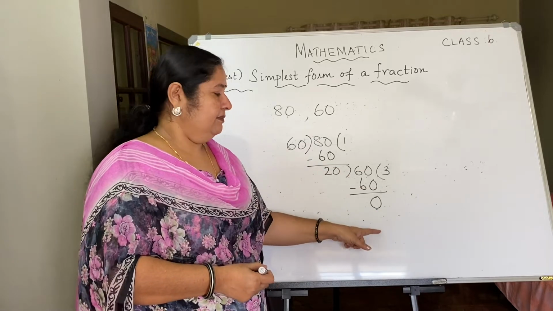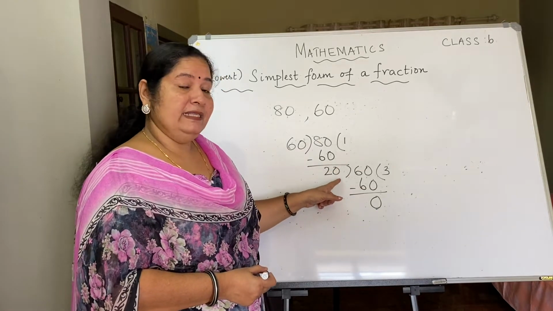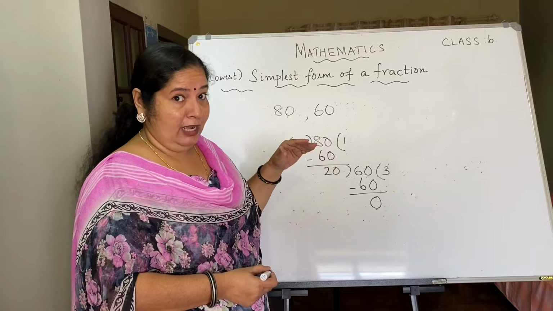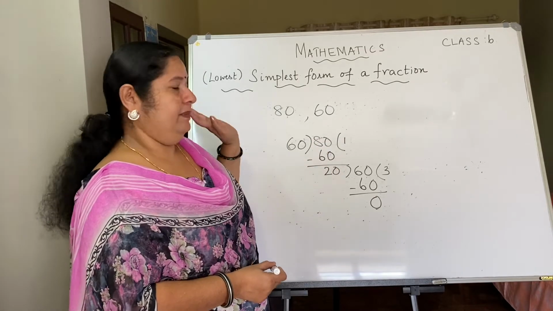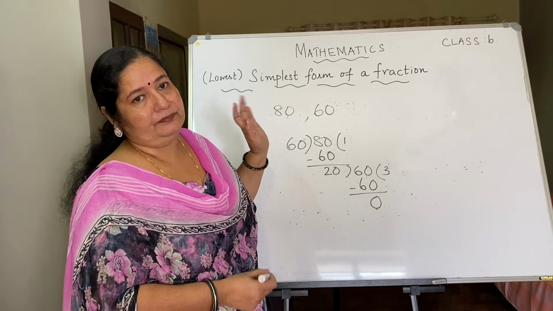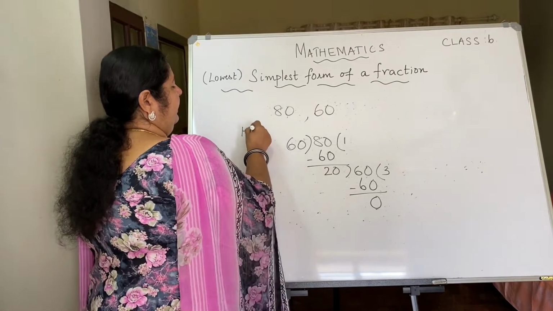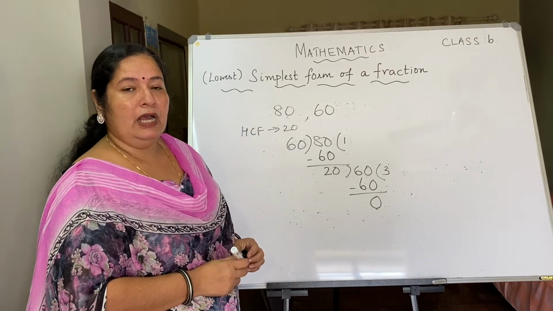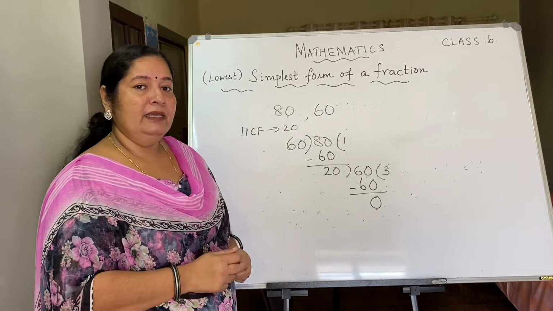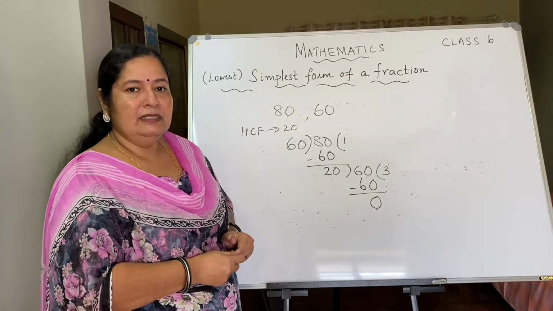When the remainder becomes 0, the divisor at that step or the last divisor. What is the divisor here? 20. That will be the HCF. So HCF of 80 and 60 is 20. So understood how to find the HCF by the division method.